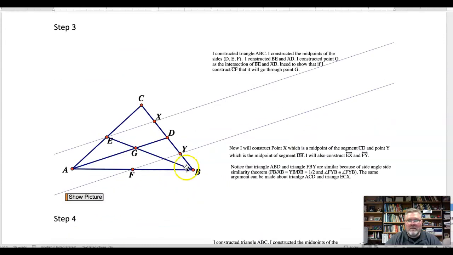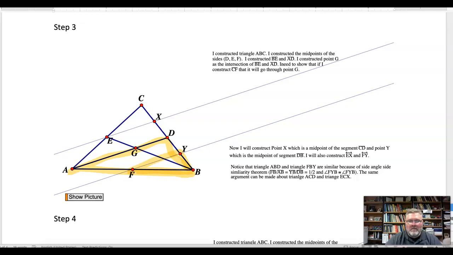So now notice that triangle ABD, this triangle right here, is similar to triangle FYB.